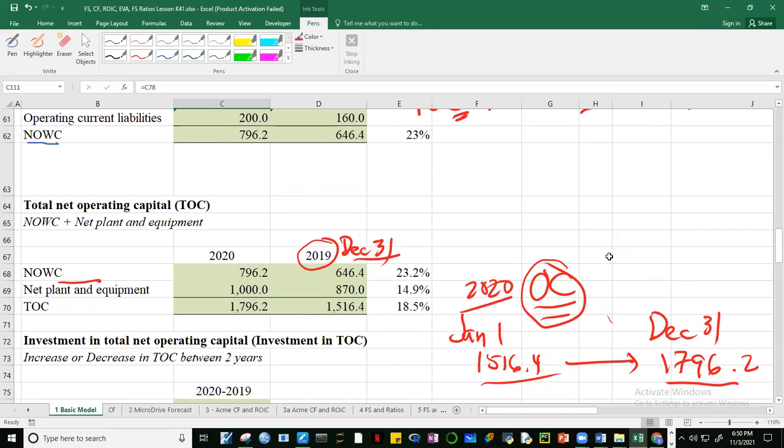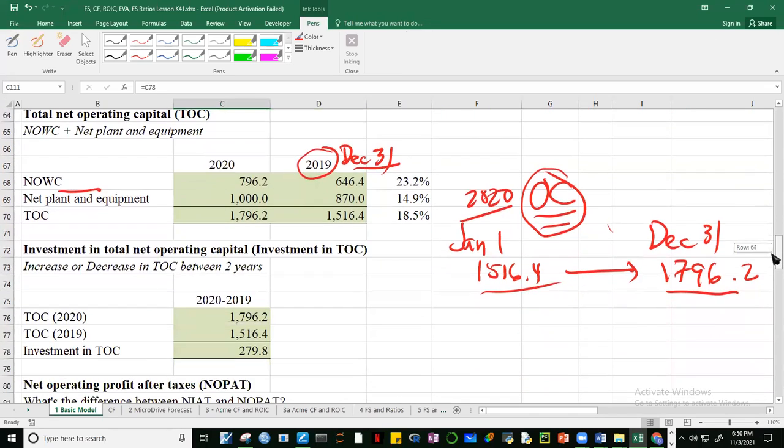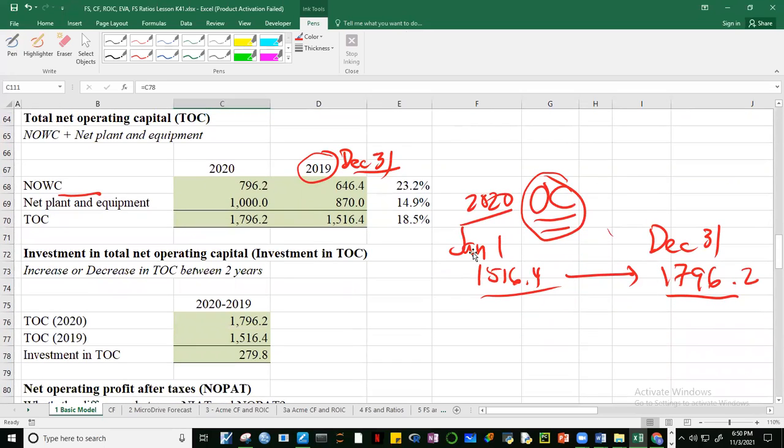Imagine, NOWC, guys, involves inventories. If the company was not loading on its inventories, then what can it sell, guys? What can it produce? So we can see here that there was a marked increase, an 18.5% increase in the operating capital. Okay, we can only guess that the company was preparing for an increase in sales in the next few years.